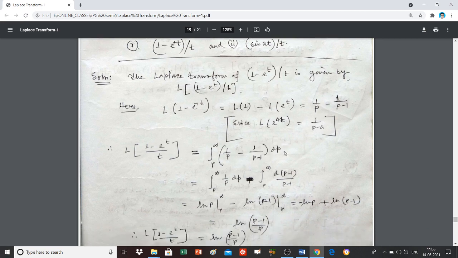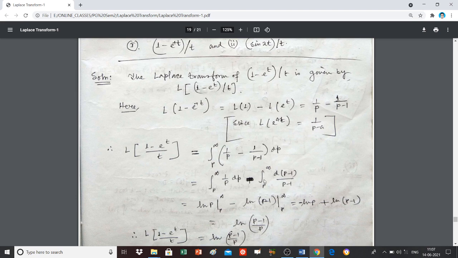So we have the integral from p to infinity of dp by p, minus the integral from p to infinity of d(p minus 1) by (p minus 1), because d of (p minus 1) is only dp.